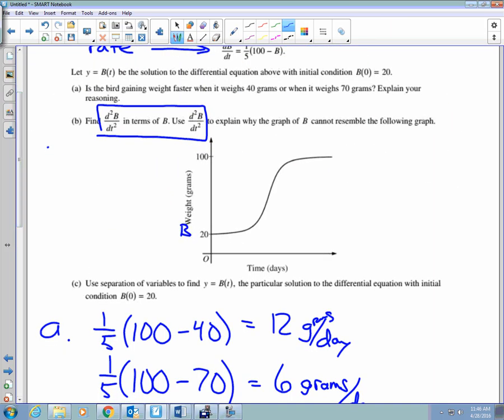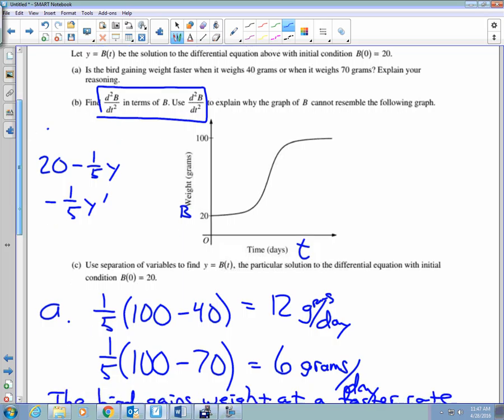So this is B, this is T. So B is your Y variable. What if I asked you what the derivative was of 20 minus 1/5 Y? You would say that would be negative 1/5 Y prime, right? The difference is they're not using x and y, but B is the y variable. It's dependent.